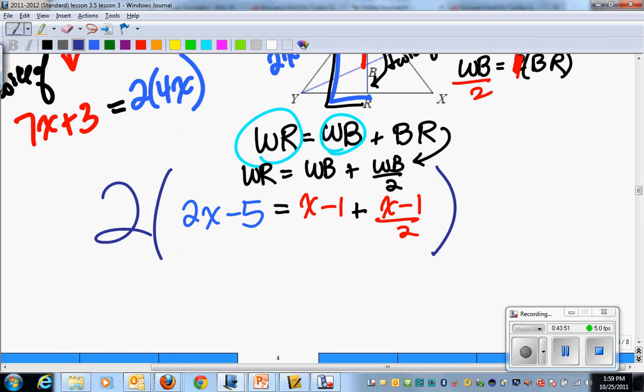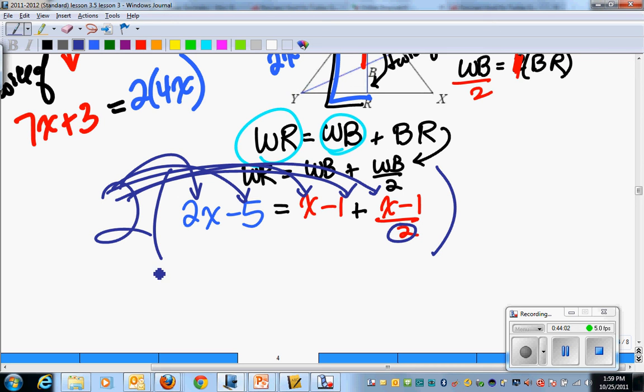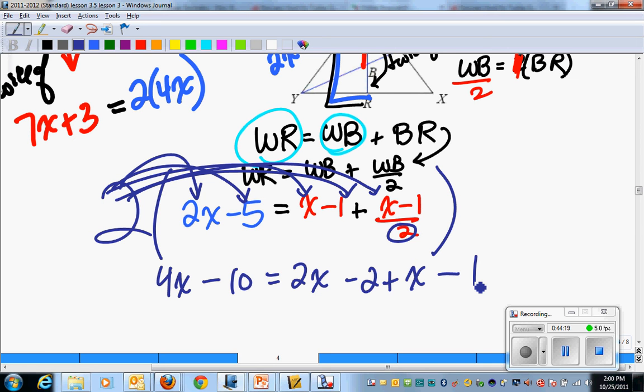Now you distribute to every single one, except here, it's going to cancel that. And then this 2 cancels that, so it's simply plus x minus 1. Now you can solve. Collect like terms, solve, finish. Okay? You go back to your groups.